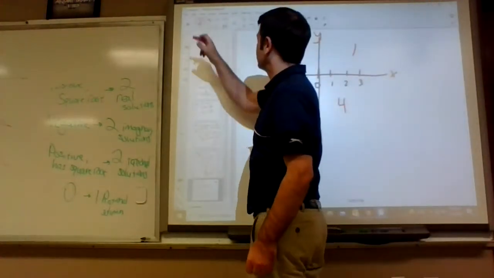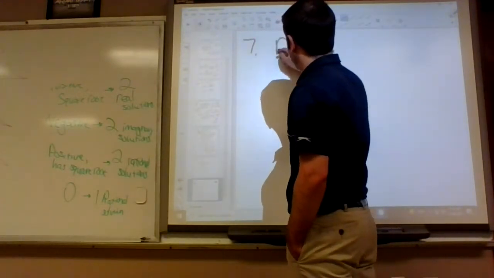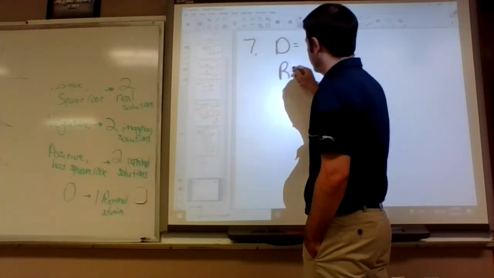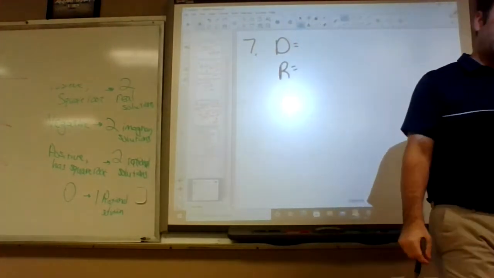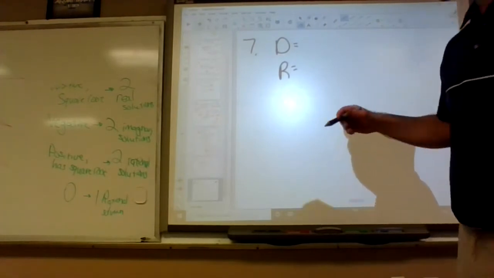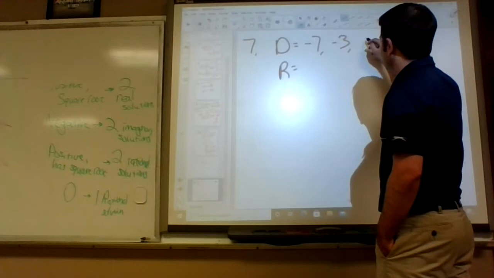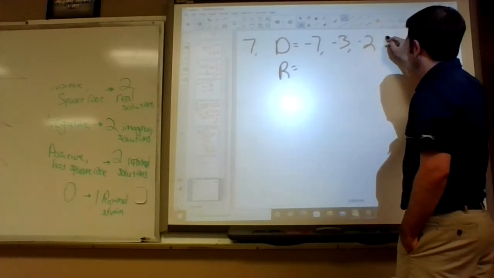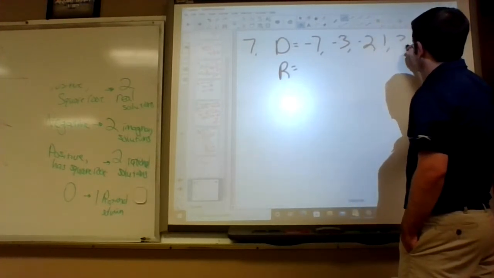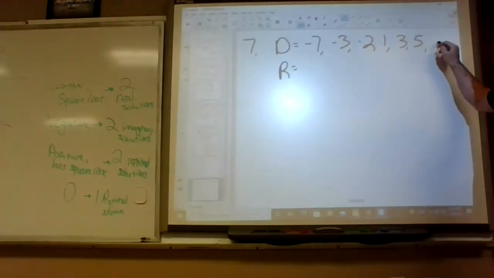Domain is X. X-axis is one. Yeah. Domain is the x values and the range are the y values. So Paxton, on number 7, what are the x values? Negative 7. Yeah. Just keep going. Keep telling me. Negative 3, negative 2, 1, 3, 5, 8.